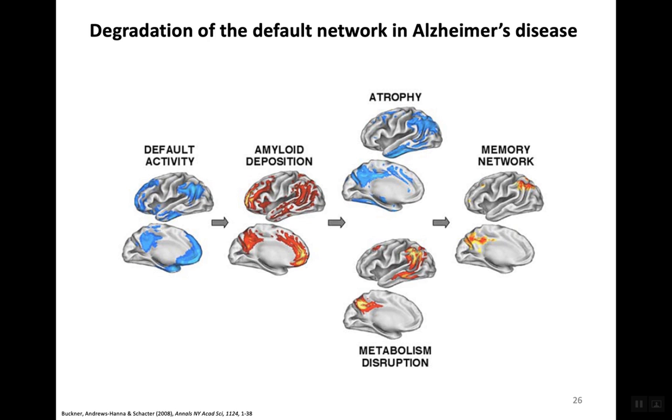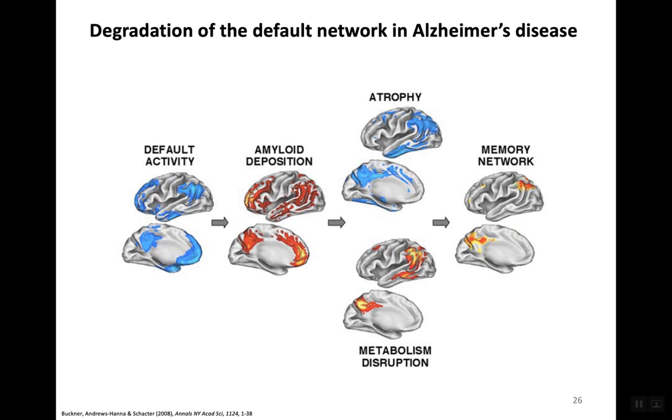So now we can touch upon a more sensitive issue, and that is where exactly is this deposition taking place. And more recently, it was found that there is a surprising localization of amyloid deposition with respect to the default network.